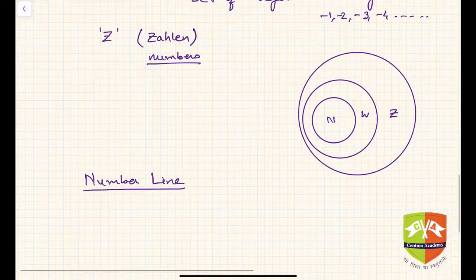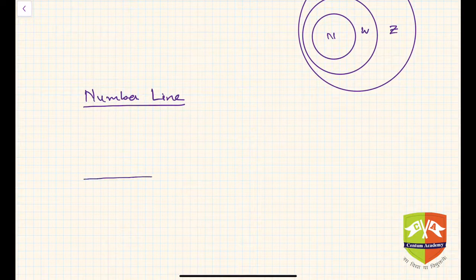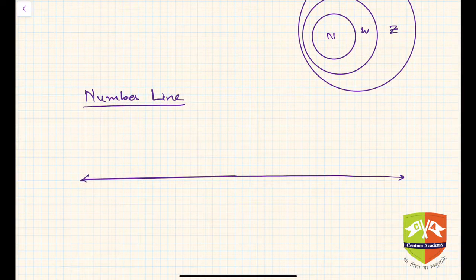Another way of pictorially representing it is called the concept of number line. So if you draw an infinitely long line, going in both directions, and let us take any point as, let's say, 0, the starting point. Now divide the line into equal intervals, 1, 2, 3, so that the difference between two points is always the same, correct?